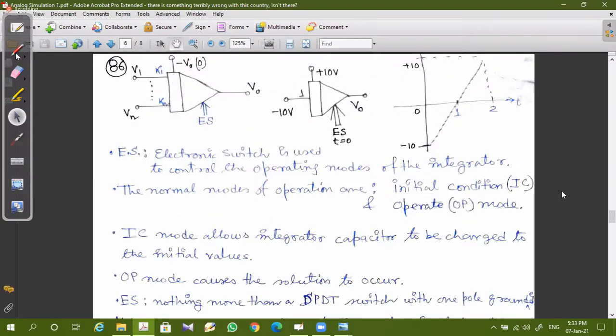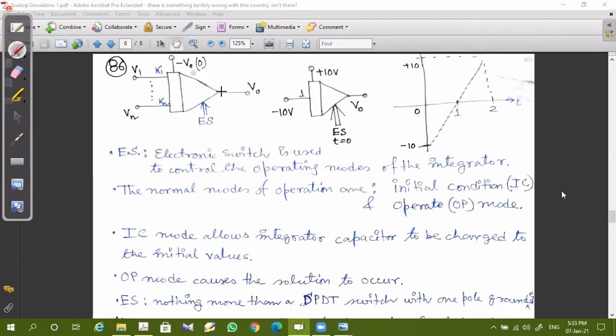Okay, the symbol, whenever you are drawing an analog simulation, the integrators will be symbolized like this. This portion indicates that it's an integrator. Okay, and this is your initial condition. Every integration requires an initial condition that can be incorporated via this port.